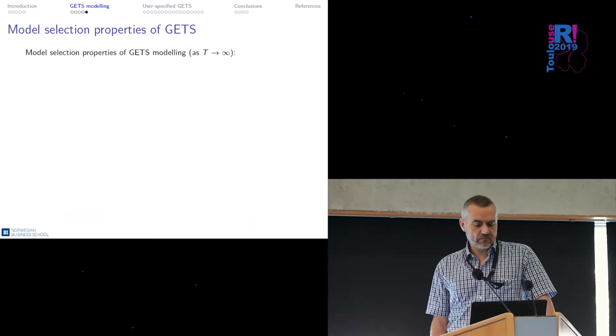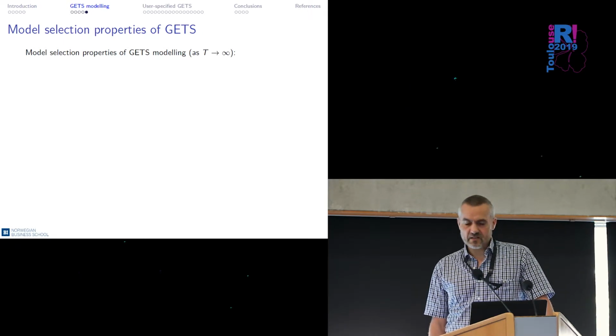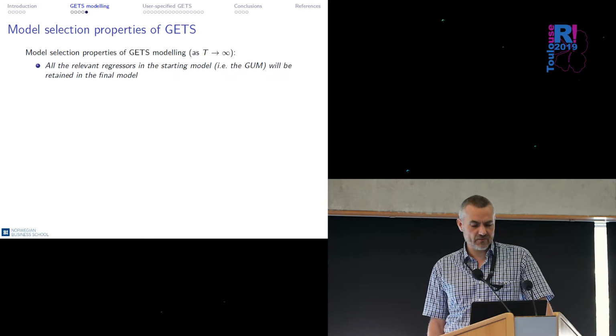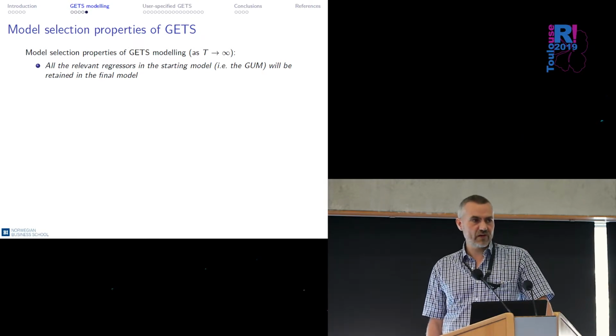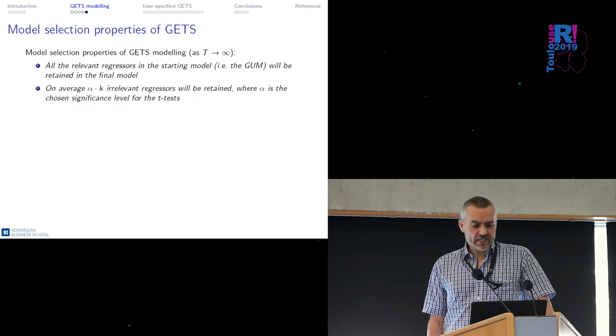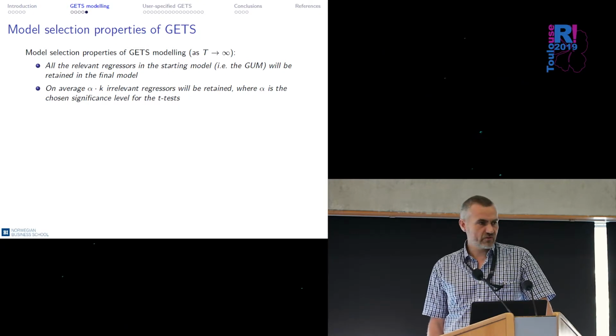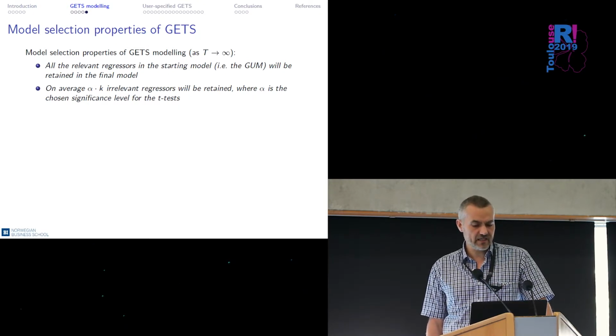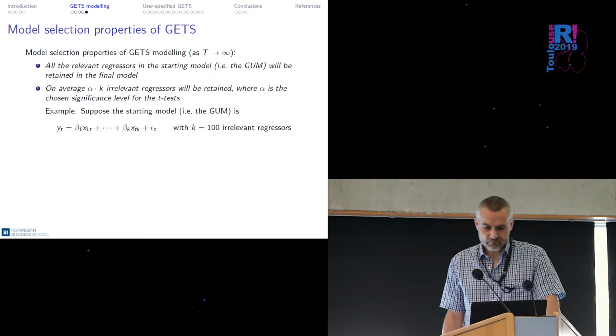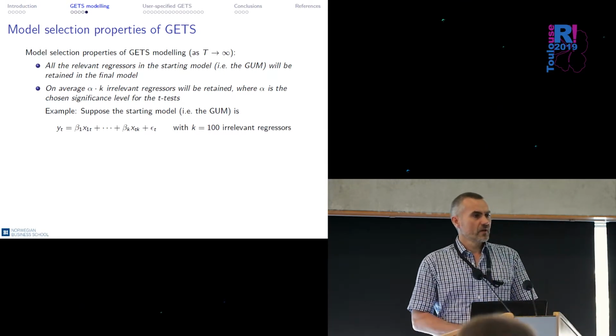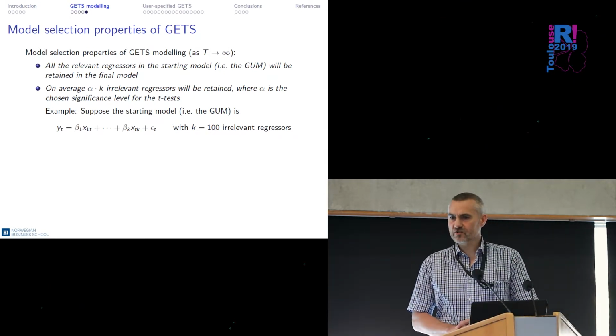Okay, so as I indicated at the start, one of the really interesting properties of gets modeling is that, first, as your sample size goes to infinity, you will retain all the relevant regressors. In addition, on average, you will retain alpha times k irrelevant regressors, where alpha is the chosen significance level for the t-test. So what does that mean? Suppose you start with a model with 100 irrelevant regressors.